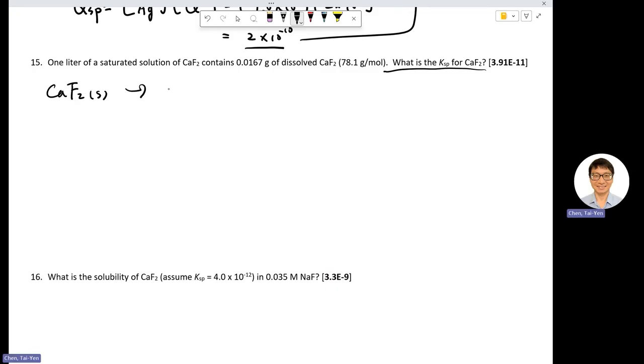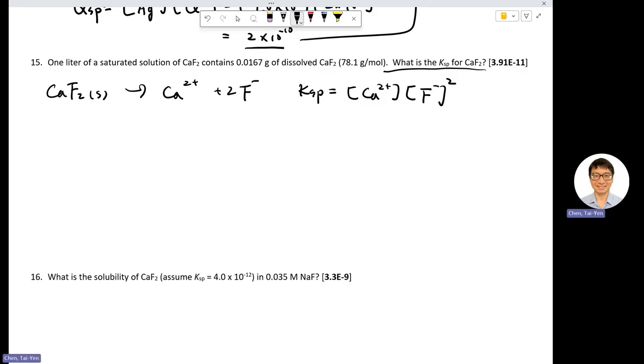It's going to become Ca2+ plus 2F-. Okay, your KSP will equal Ca2+ to the first power, F- to the second power. Okay, so that is always the first step.